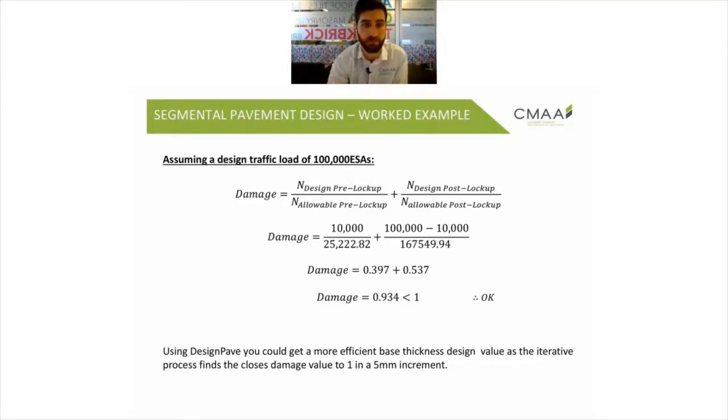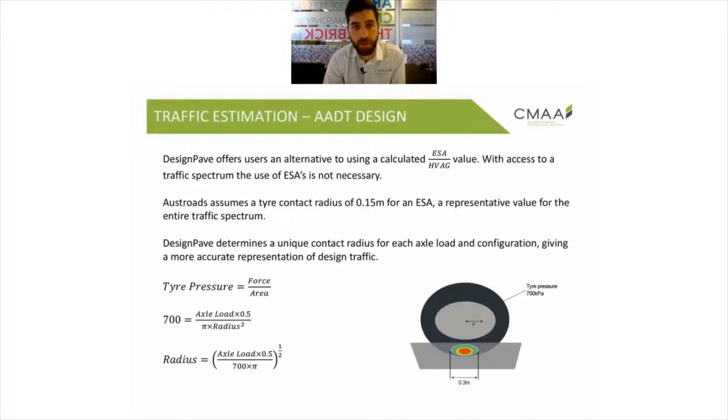And I'm just going to talk about AADT and how that differs. So where we just used an ESA value there, a raw number, for example, 100,000.